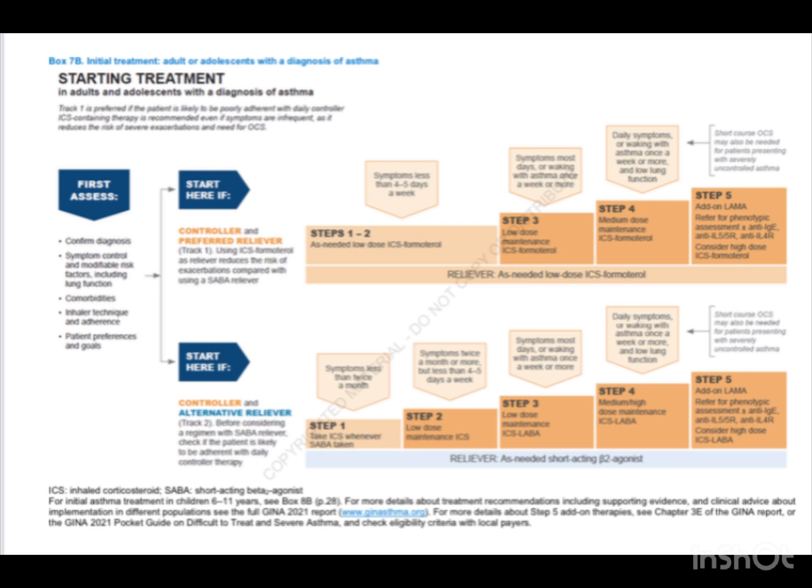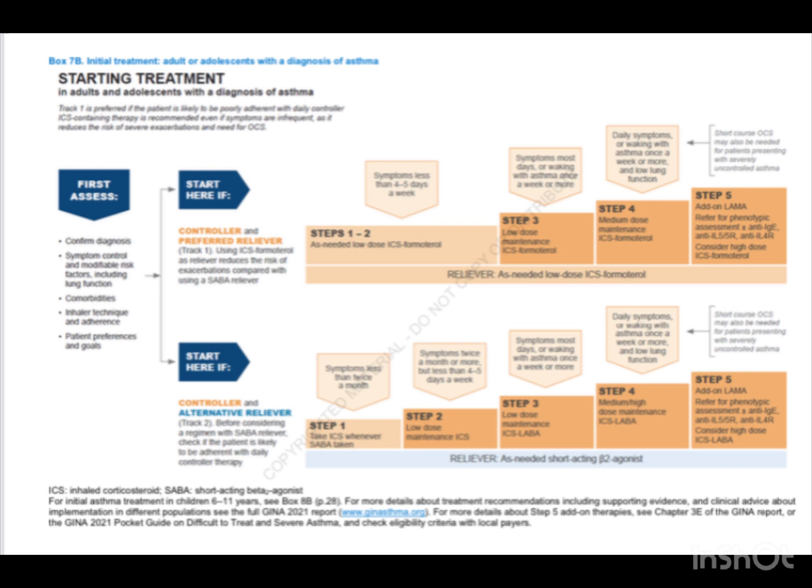Step 4 is like the patient having moderate persistent asthma, with daily symptoms of asthma, waking with asthma once a week or more, and low lung function. So steps 1 to 3 include the low dose maintenance inhaled corticosteroid along with formoterol.